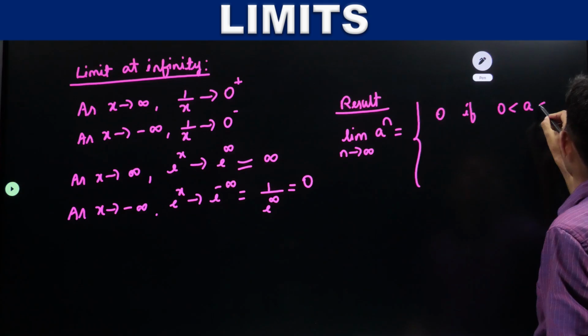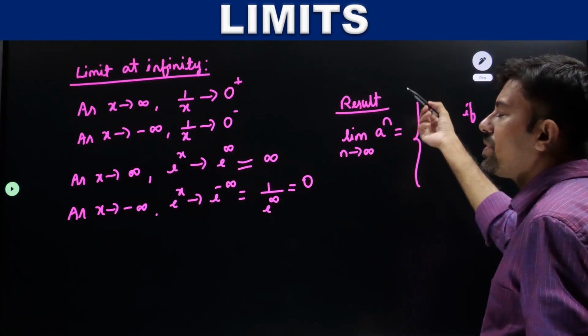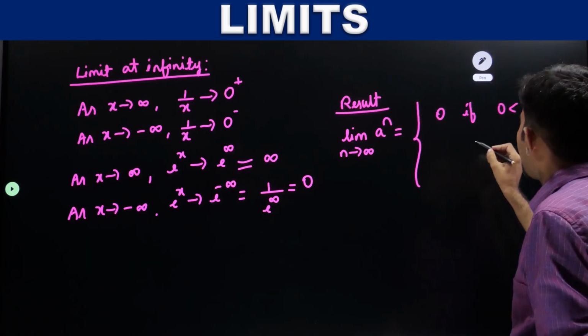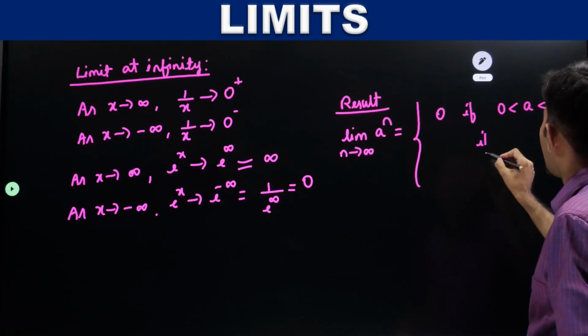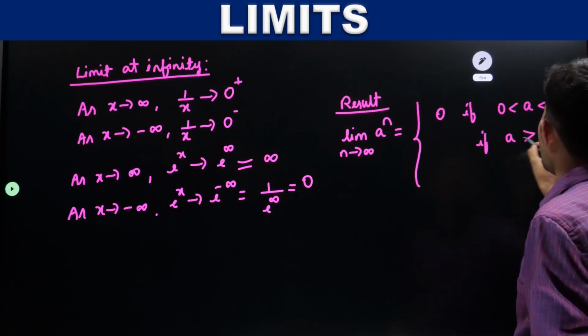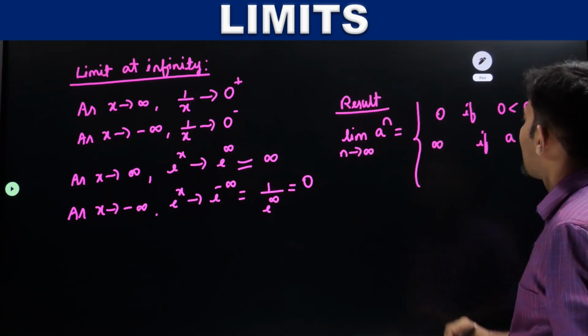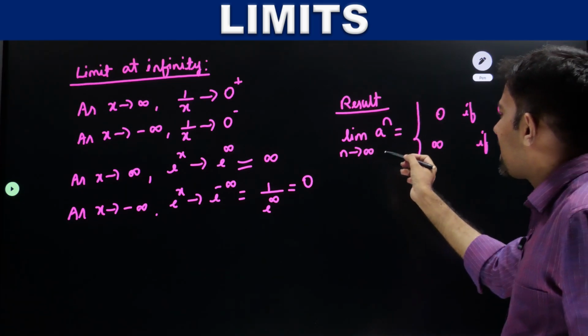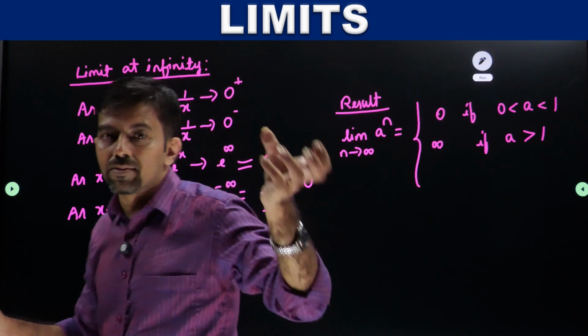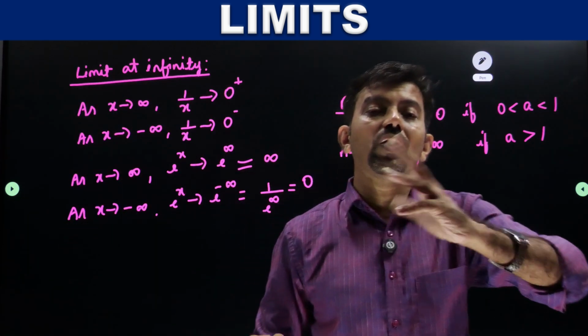If a number lies between 0 and 1, to the power infinity is equal to 0. And if a is greater than 1, it becomes infinity. Okay, two cases I can write. As n tends to infinity, a power n becomes 0 if that number a lies between 0 and 1.